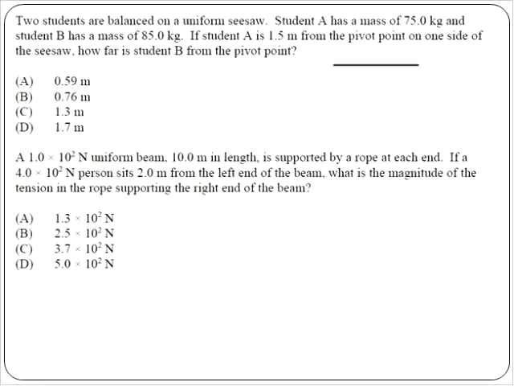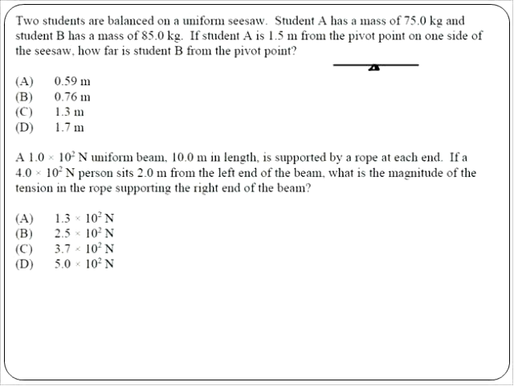There's the seesaw, and a pivot point right in the middle. By convention we usually draw our pivot as a triangle. You don't have to; you can just put a dot there and label it a pivot, but a triangle shows where our pivot point is.